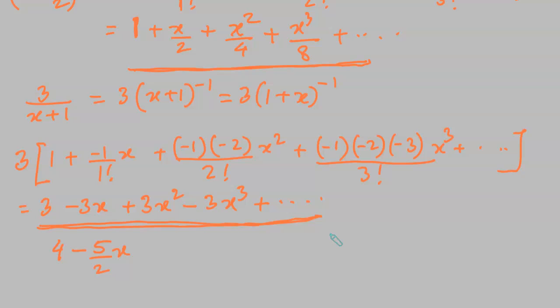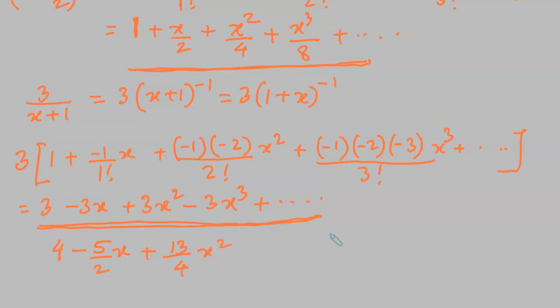So it is 3 and 1/4 x square. 3 and 1/4 is 13 over 4. So it is plus 13 over 4 x square.